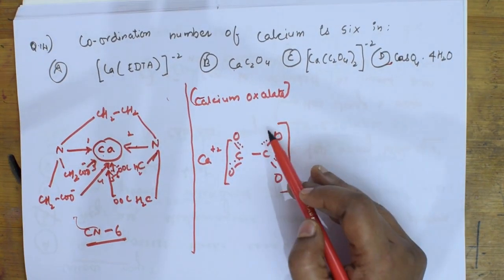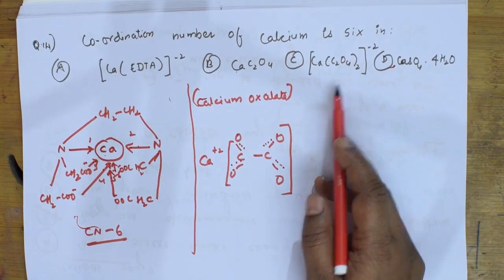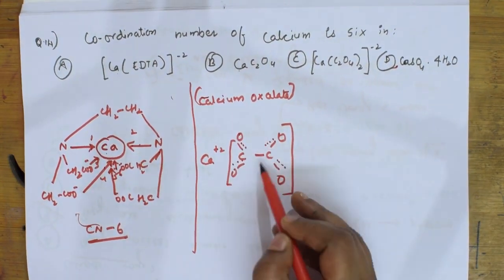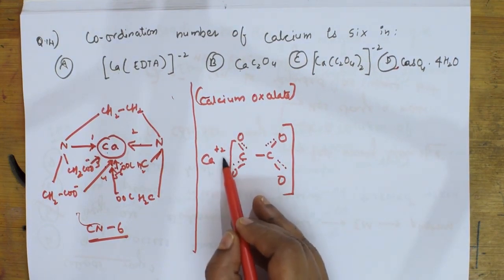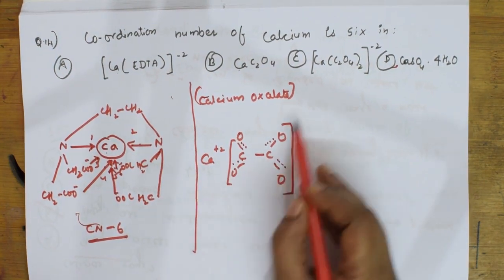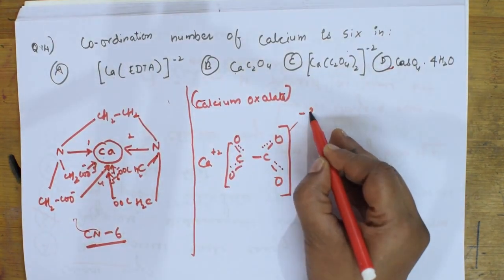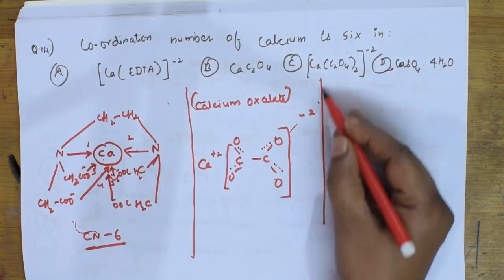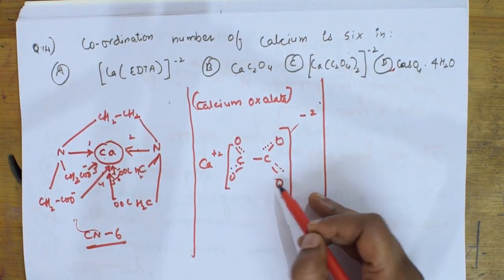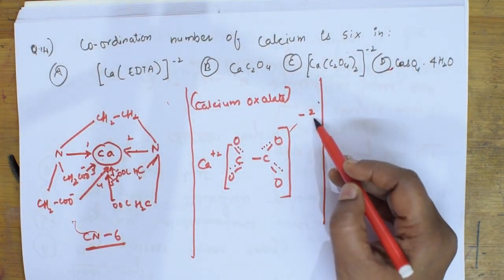Suppose I draw the same thing here. How many are surrounding? Here 4. This is linked to calcium and this is also linked to this only. So the coordination number is not 6. First I have written for calcium oxalate, then I have drawn it taking the charges as -2.